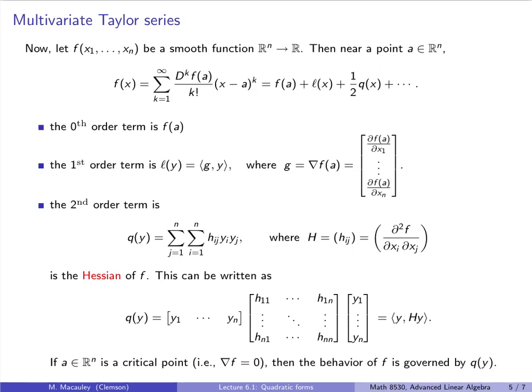Indeed, if a is a critical point, in other words, the gradient of f is 0, so think like the tangent plane is flat, then the behavior of f, in other words, whether it's a local minimum, a local maximum, or a saddle point, or something else, is governed by this quadratic function, this quadratic form. Now, it's not an if and only if, because remember, the second derivative test can be inconclusive.